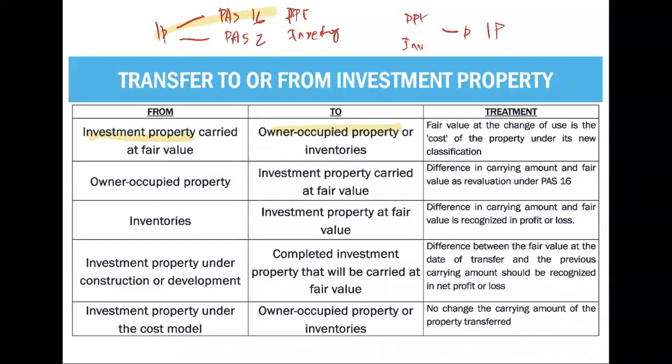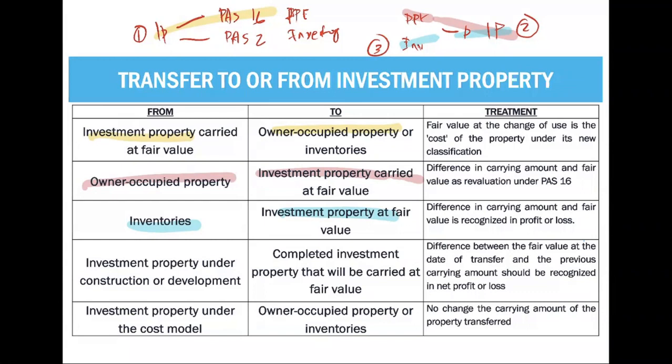Next, from PPE to investment property. Next, from inventory to investment property, number three. And investment property to another PPE.